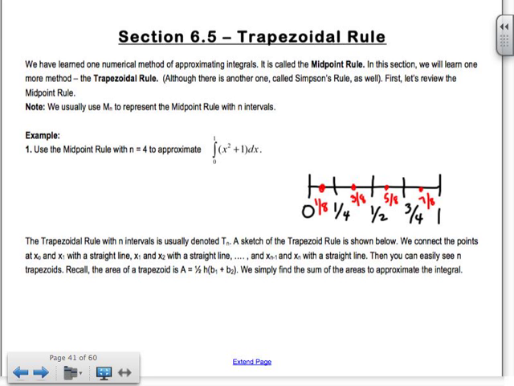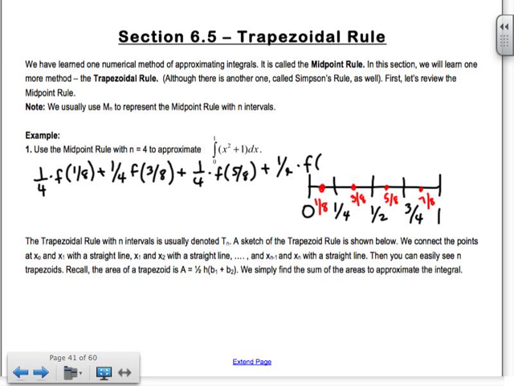So you would use those heights. So the widths would all be 1/4 in this case. So I'd have 1/4 times whatever f of 1/8 is, plus 1/4 times f of 3/8, plus 1/4 times f of 5/8, plus 1/4 times f of 7/8. And your f of x is x squared plus 1. Okay, so you can find all that.